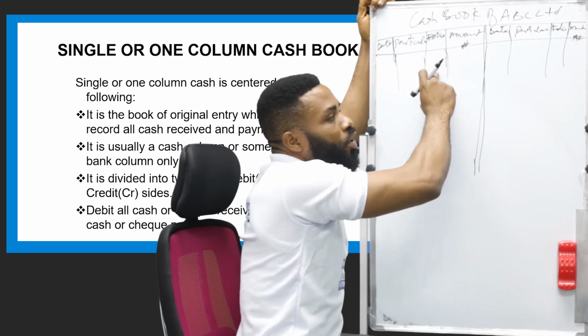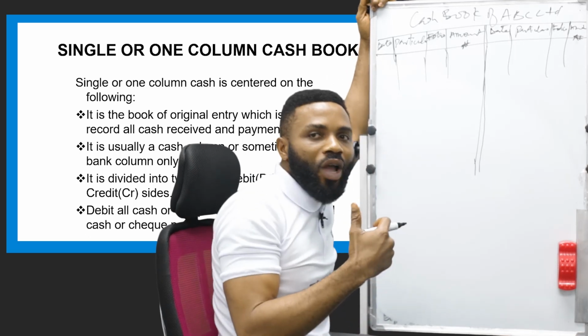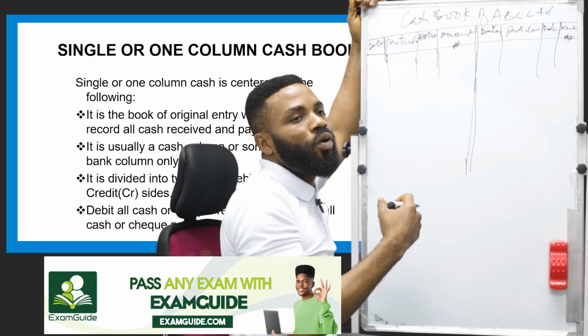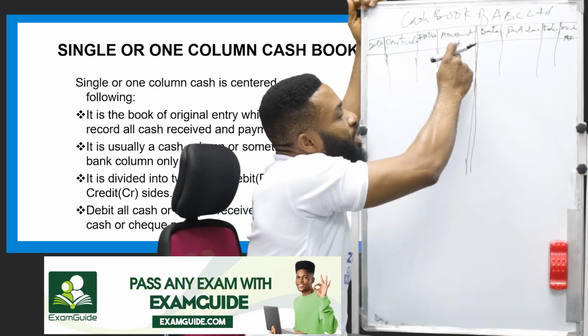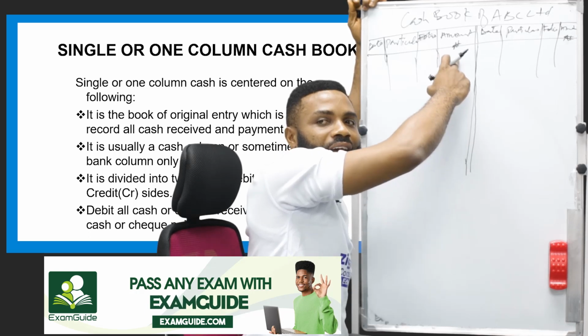Then the folio column is used to record the page where this transaction can be found in the ledger. So when you have the date, the particulars, the folio, the next one is the amount. This is where you write the amount of money that is involved.